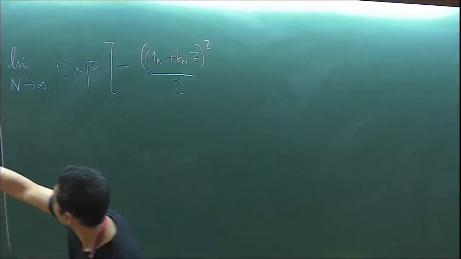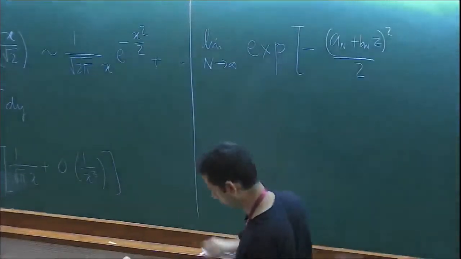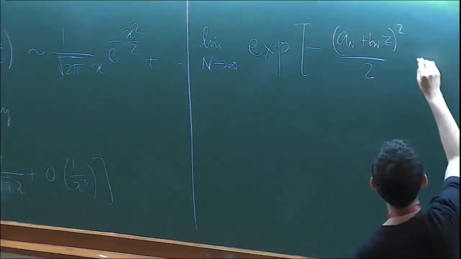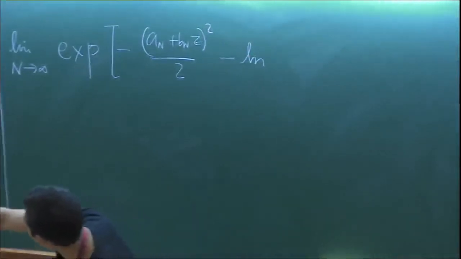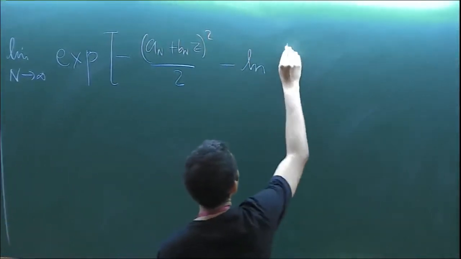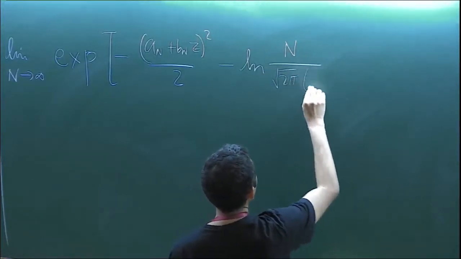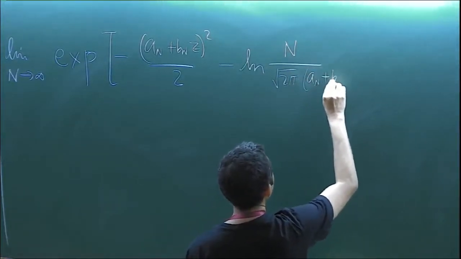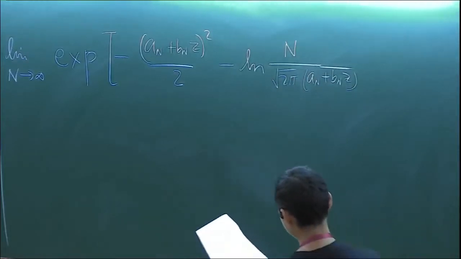This one, let's again take up. That becomes minus log of n by square root of 2 pi, an plus bn z.